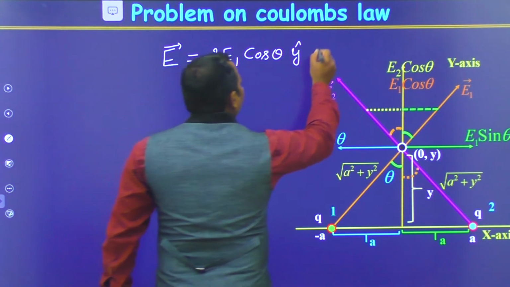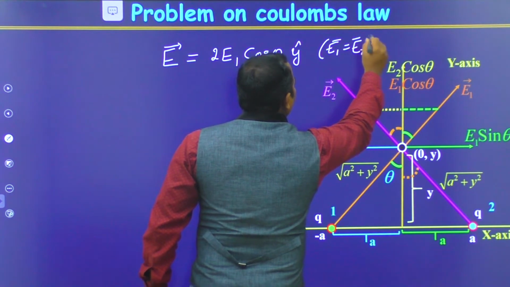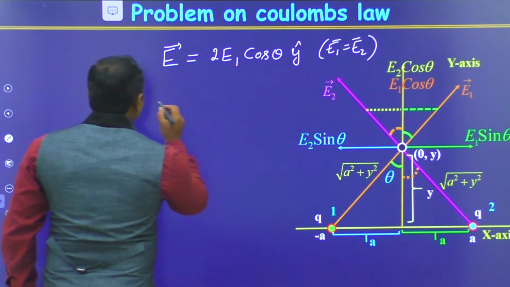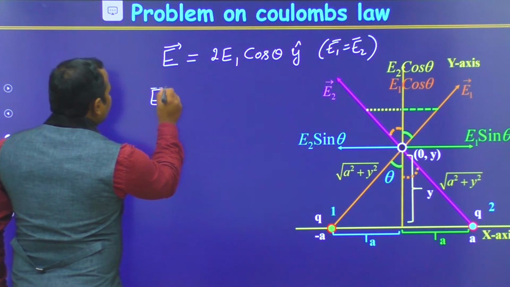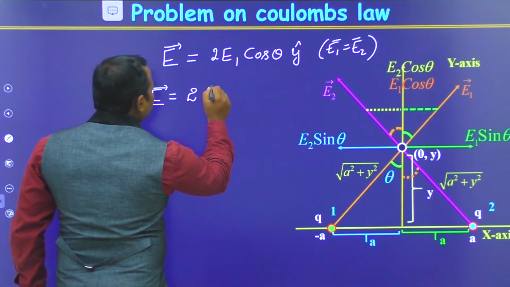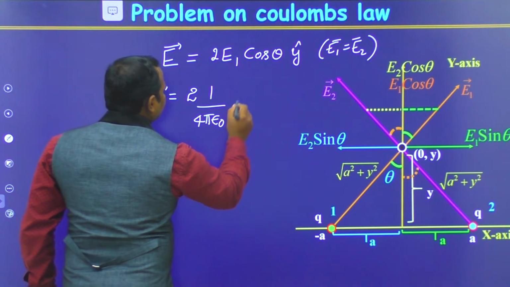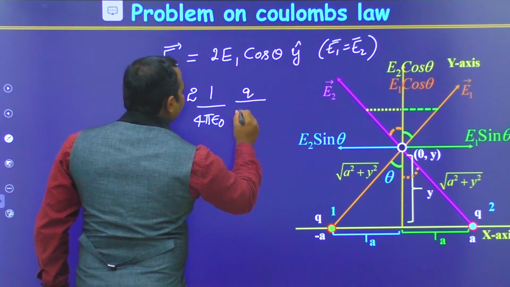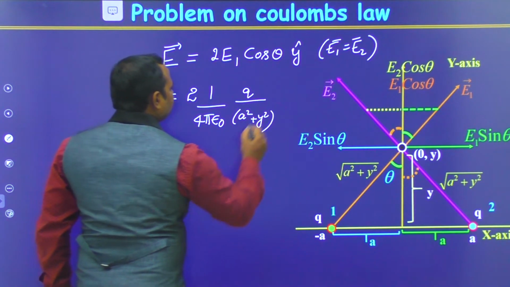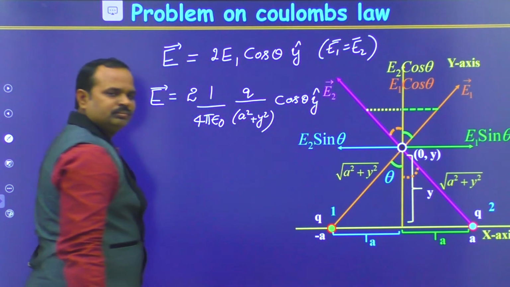Since we know that E1 bar is equal to E2 bar, magnitudes. So now E bar is equal to 2 into E1 we know, substitute 1 by 4 pi epsilon naught Q by A square plus Y square into cos theta Y cap.